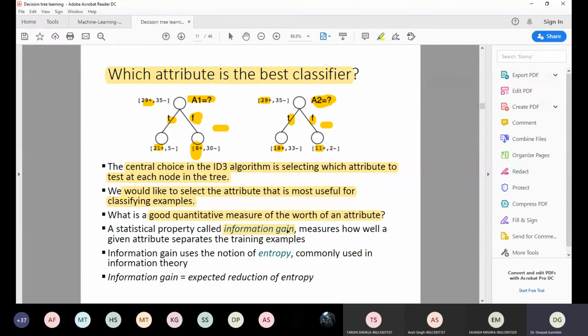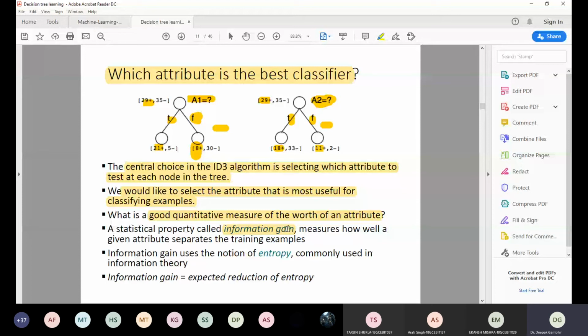How much information is gained by dividing in A1 or in A2, whether we divide in 21, 8 or whether we divide in 18, 11? Which of these will provide me the higher information gain?